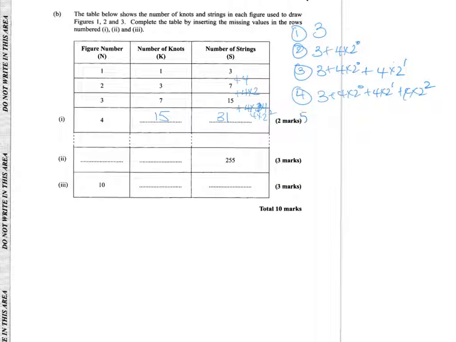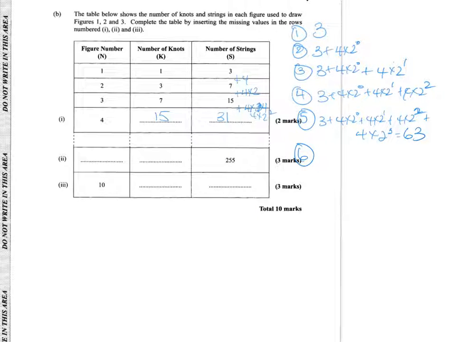So the fifth one would be 3 plus 4 by 2 to the power 0 plus 4 by 2 to the power 1 plus 4 by 2 squared plus 4 by 2 cubed, which is 63.